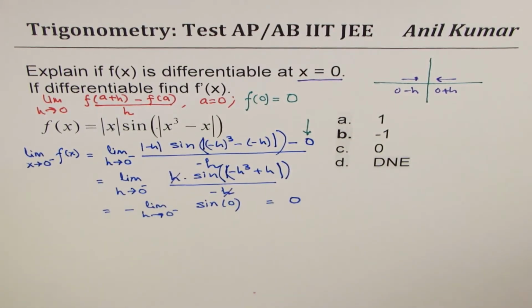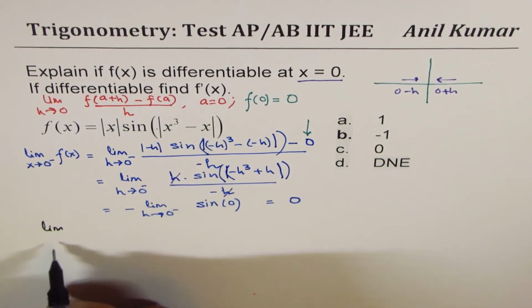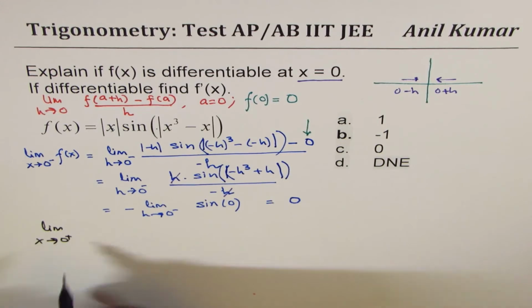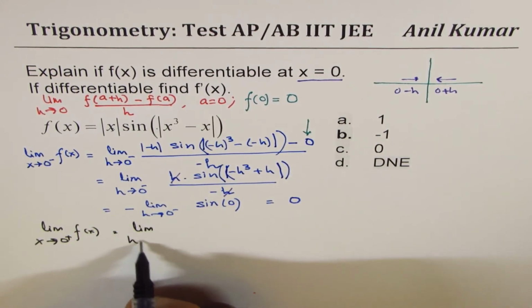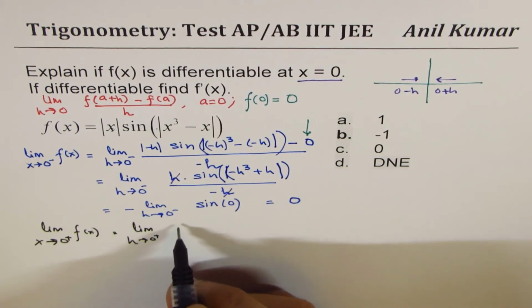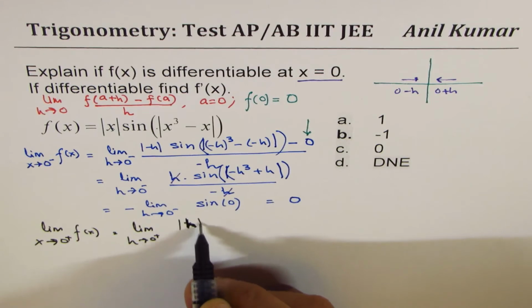Similarly, if I do from the right side, what do I get? Let's redo it. So we have limit x approaches 0 from the right side for the function. I could write this as limit h approaches 0 from the right side, absolute value of x, which is in this case h, correct?